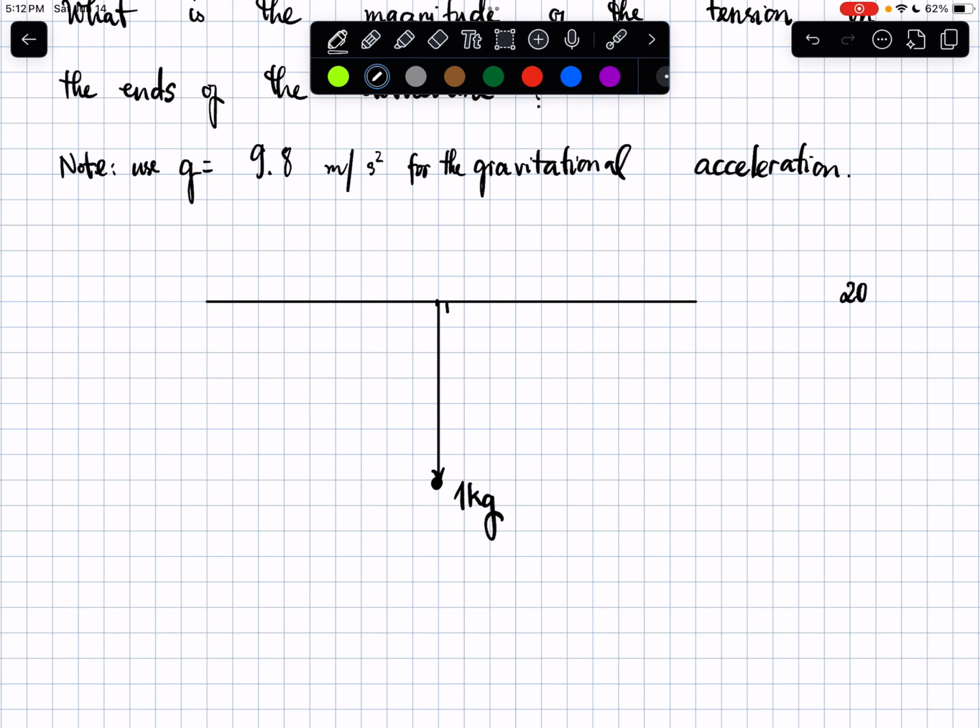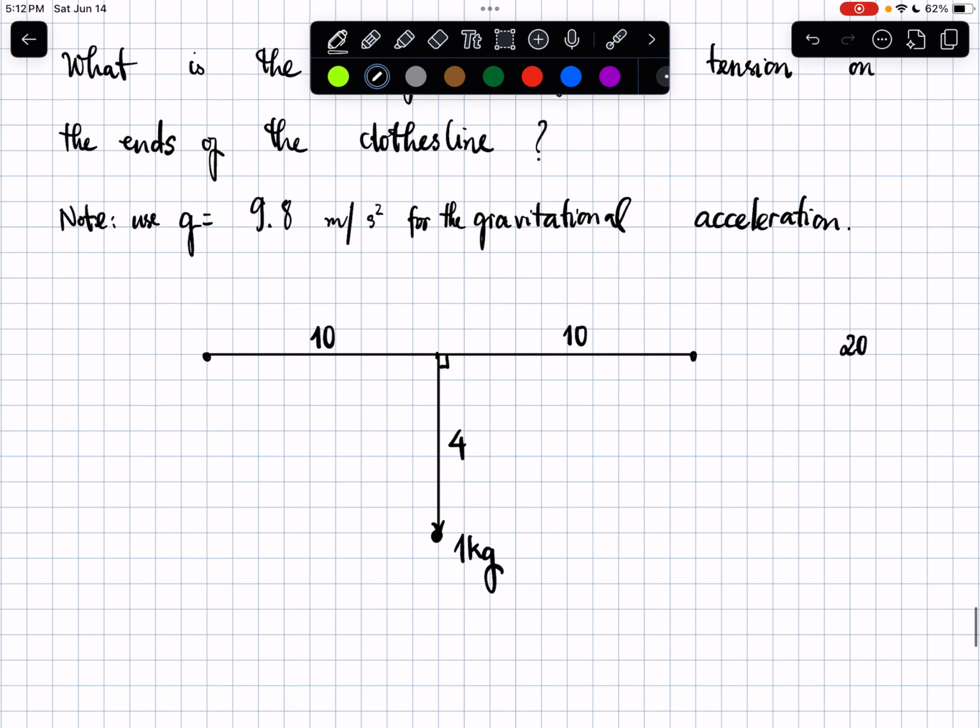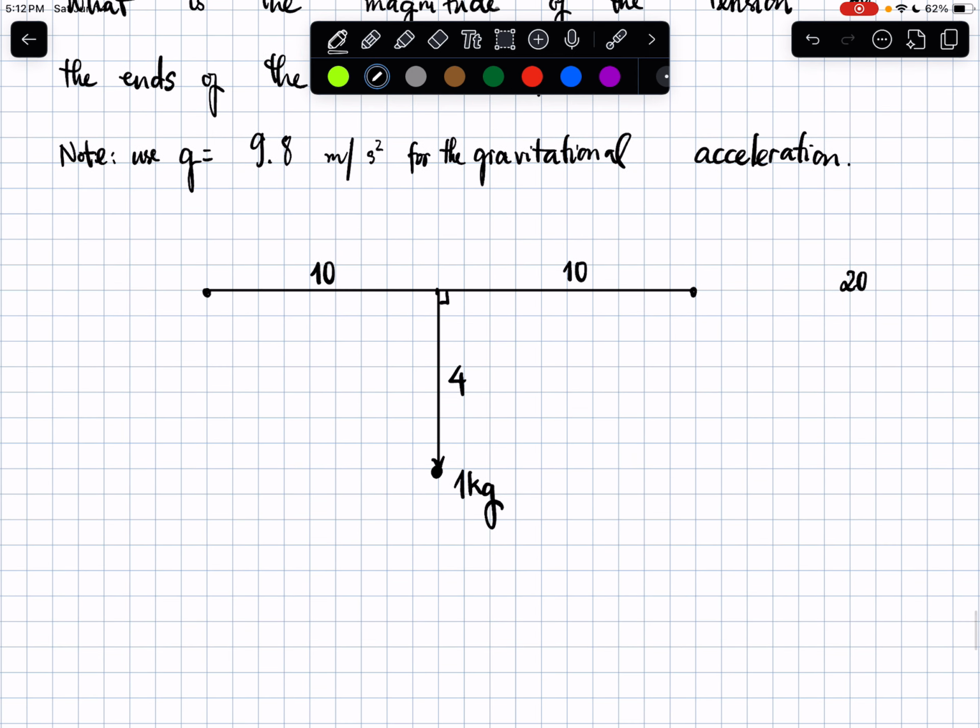This is a right triangle. The length of this is 4 because it's going down 4 meters, and each of these is 10 meters because the clothesline is of length 20. So now we have these 2 tensions, the 2 forces T1 and T2, going up.